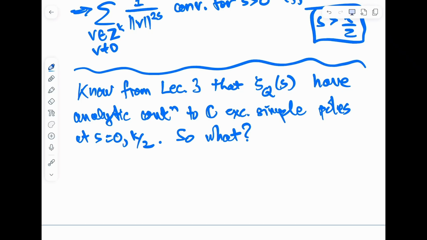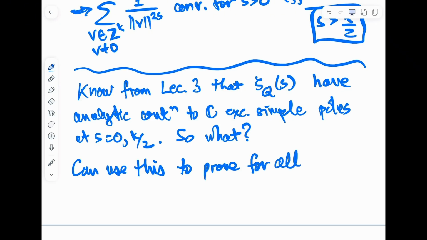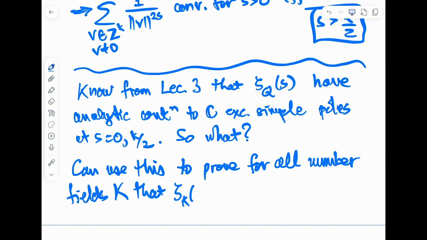But what other things can you do with this? You can use this property, the fact that I can make the continuation and get that functional equation relating values at s and k halves minus s. You can actually use this to prove, for all number fields K, that there's a notion of the zeta function of a number field.